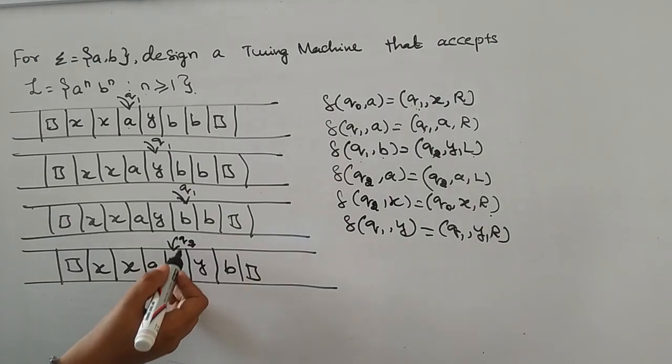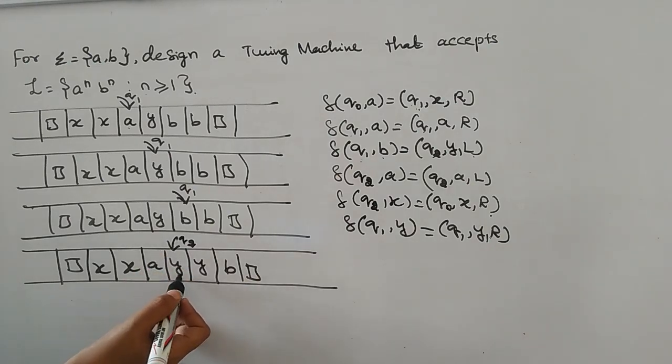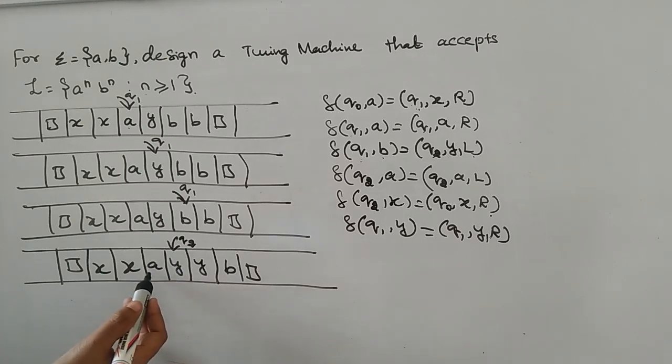Now, if the machine is in the state q2 and the read write head is pointing to y, we are not supposed to change it to any other symbol. Simply we have to move the read write head towards left.